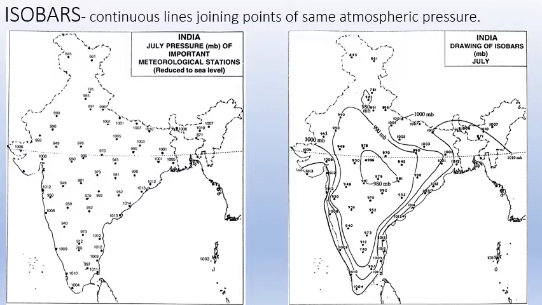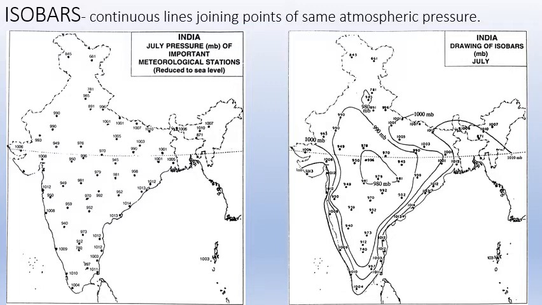So for example, in Jammu and Kashmir, you can see an 845 and a 681. When you go towards Rajasthan, you can see 990, another 990, a 983. So all these are points where there is different atmospheric pressure.